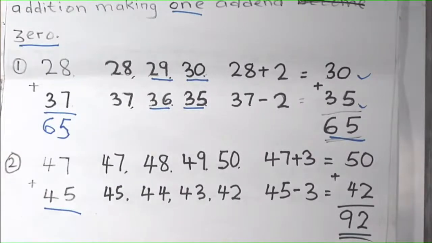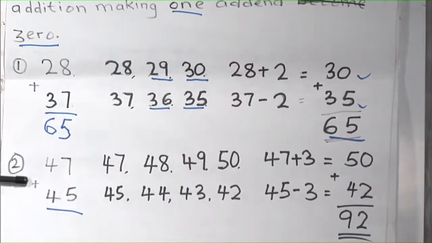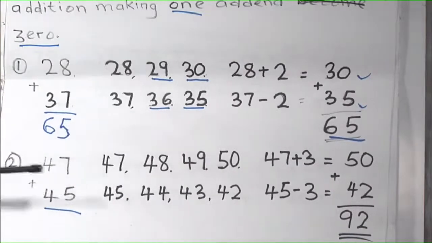Let's go to question 2. 47 plus 45. 47, the next number which will end in 0 will be 50. So let's count from 47.